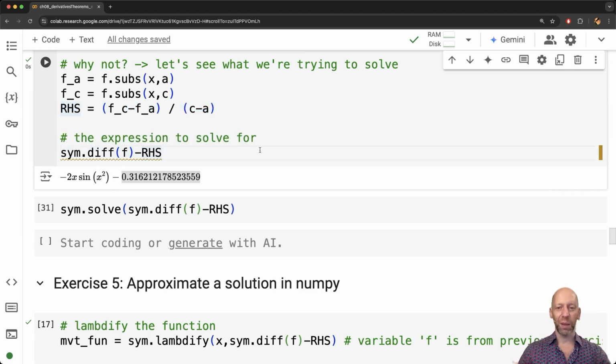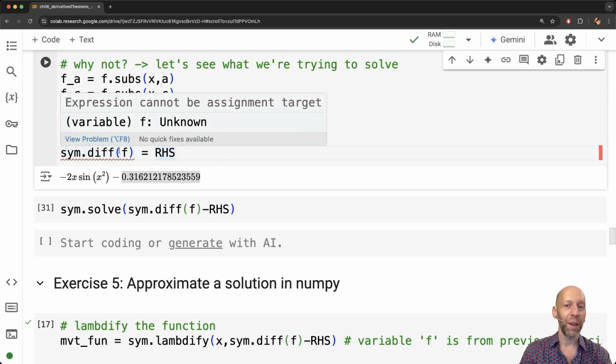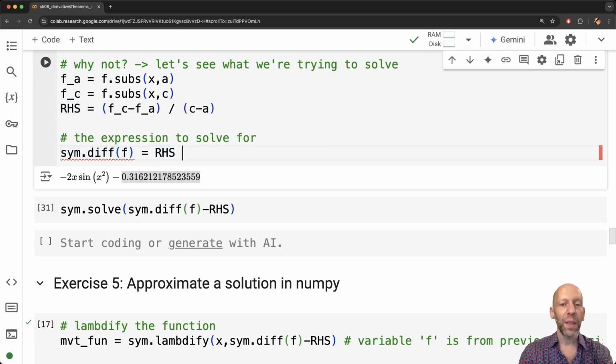And again, I've repeated this before, but what we really want to solve is this, right? And then the solutions to this expression, the values of x that make this true, that is what gives us the values of b that we want to solve for in the mean value theorem problems.